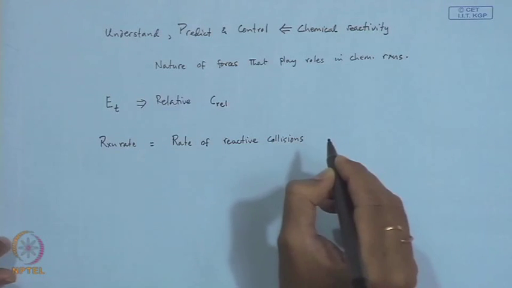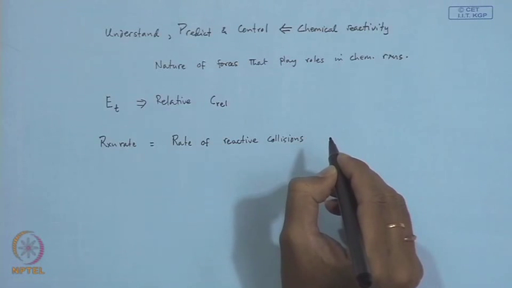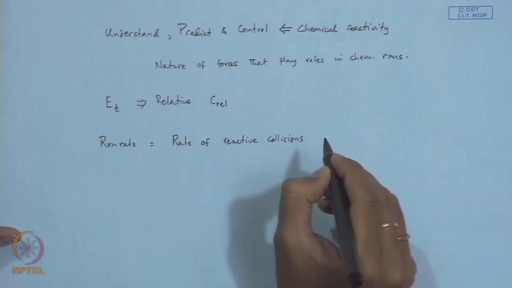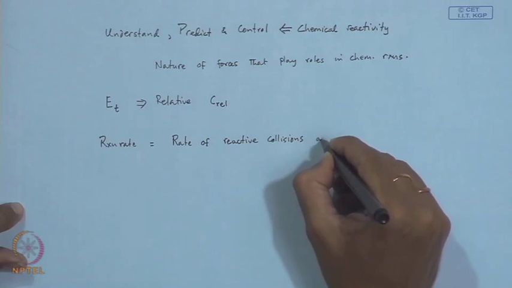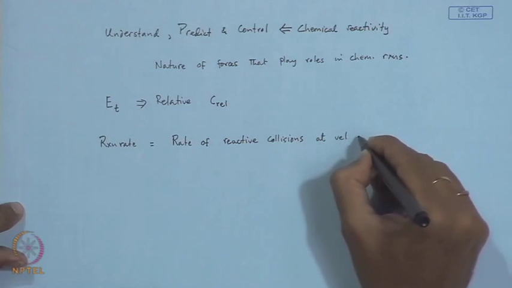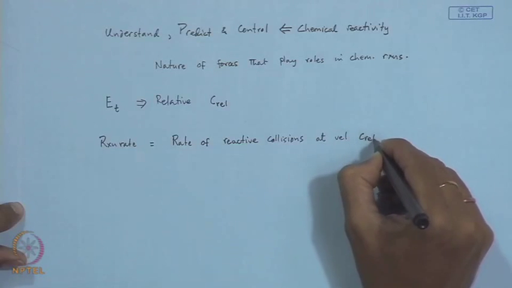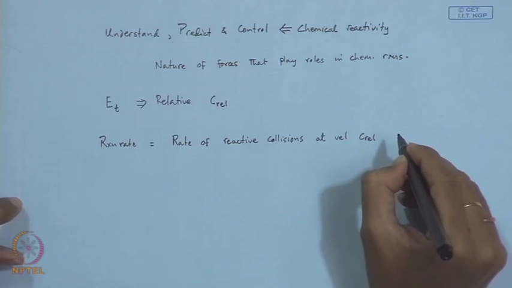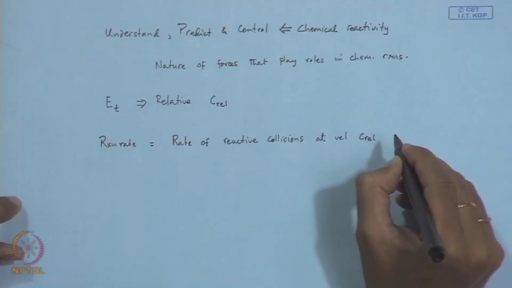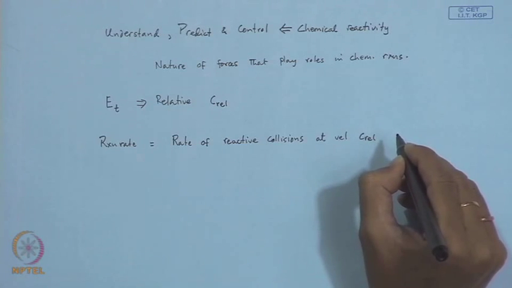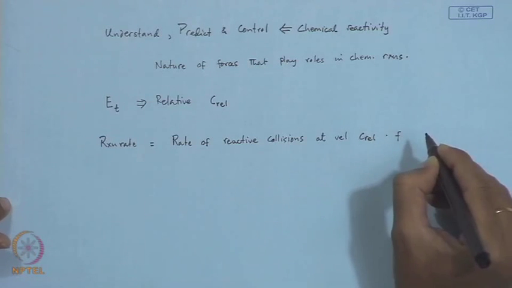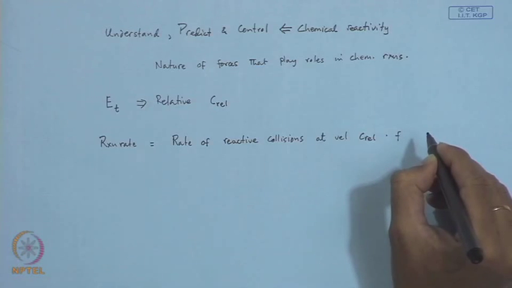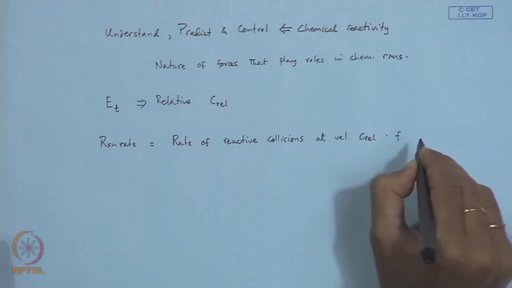Those collisions which are reactive, not all collisions give rise to product. So, rate of reactive collisions at velocity c relative, into the fraction of collisions that are effective, into f.